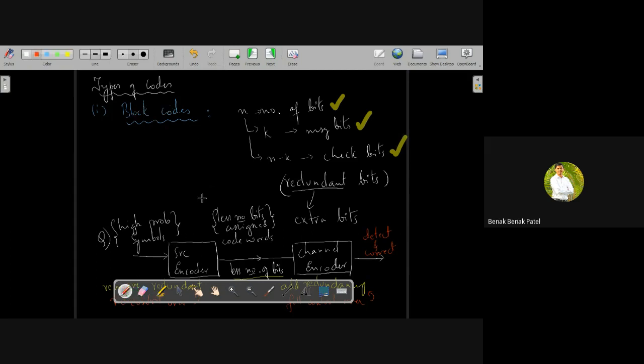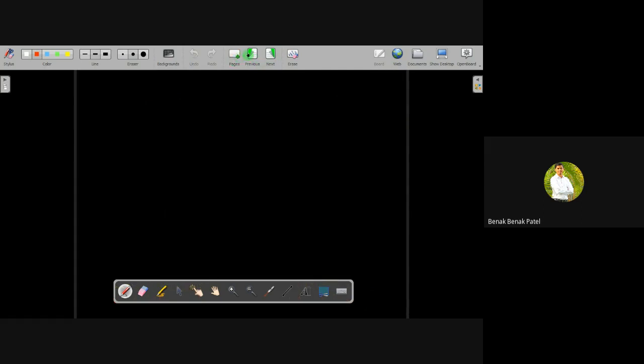Along with block codes, we have one more code called convolutional codes. In this code, the check bits are continuously interleaved with the information bits. The check bits verify the information bits not only in the block immediately preceding them, but in other blocks as well. So this is about convolution codes.